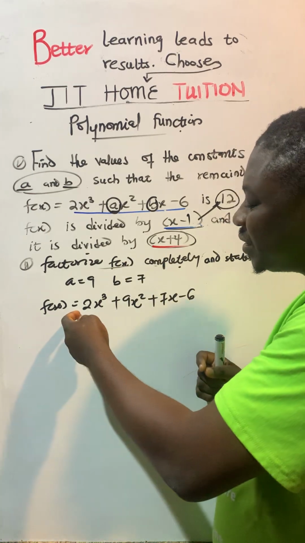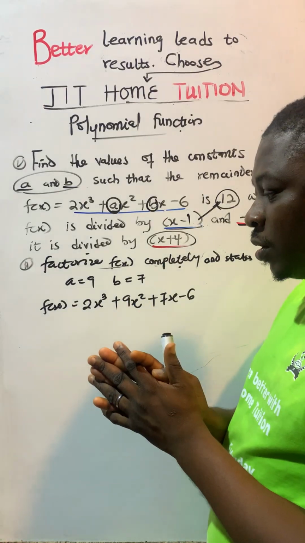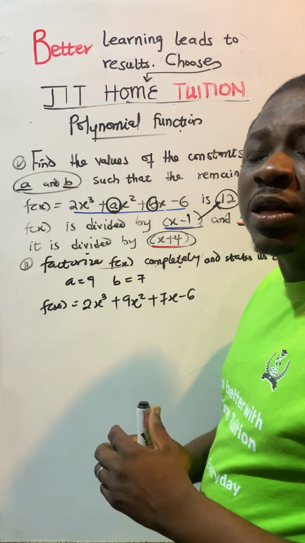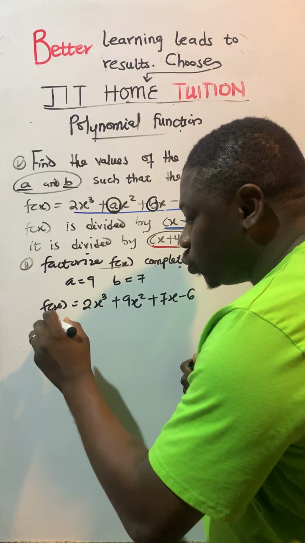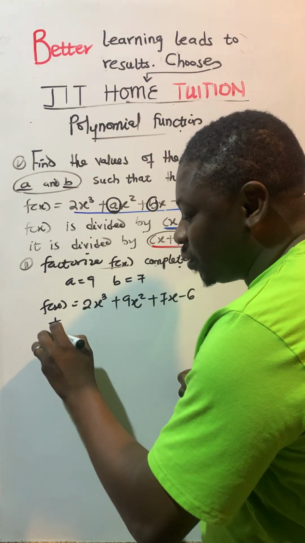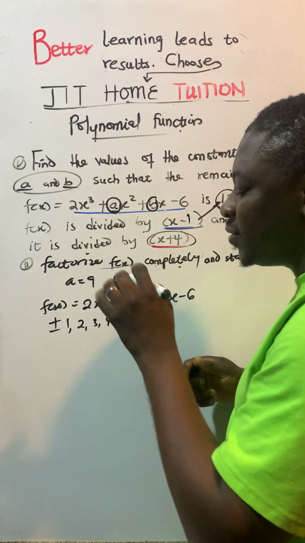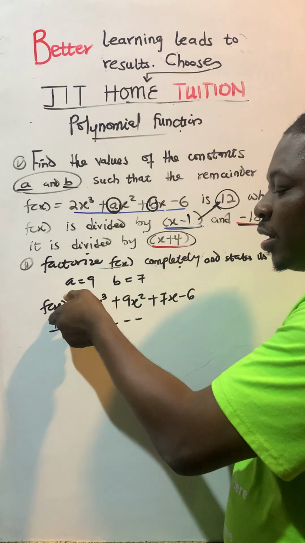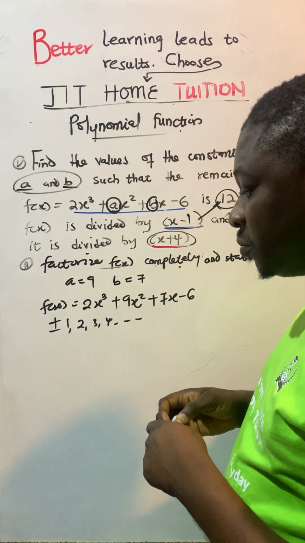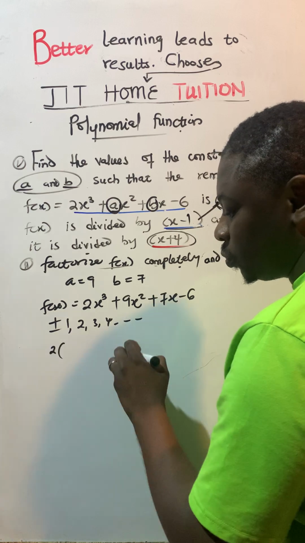That number, when you put it into the function, should give you the function equal to 0. We don't know that number yet, so usually you have to test plus or minus 1, 2, 3, 4, till you get the number that satisfies f of x equal to 0. Maybe you can start with 1.